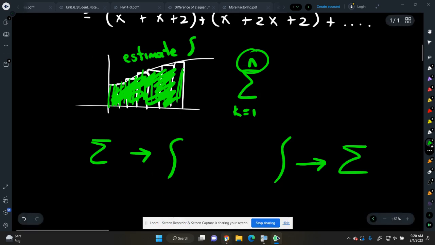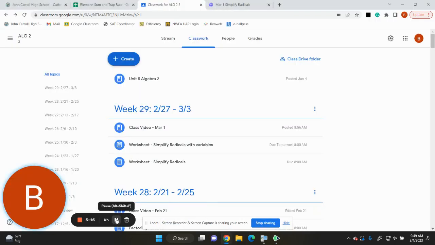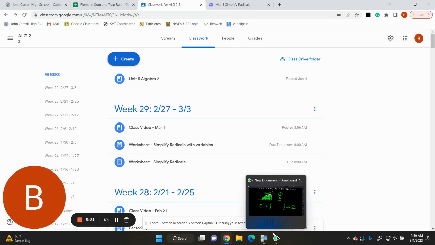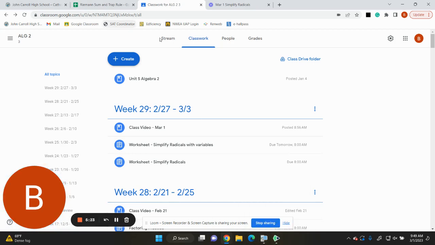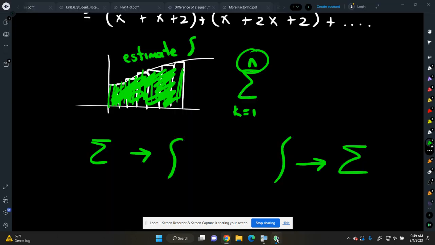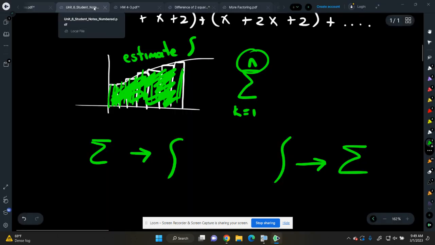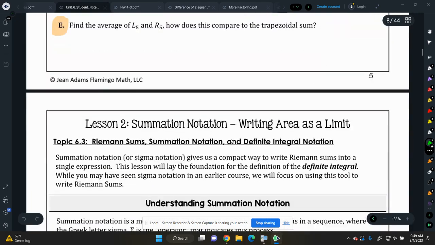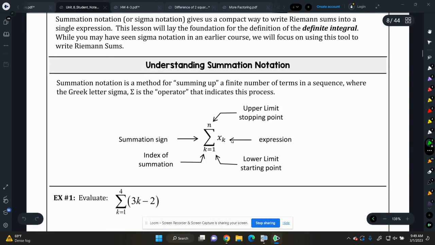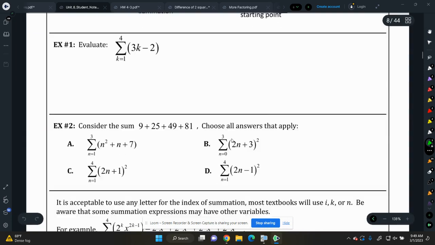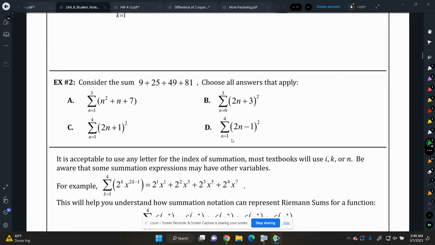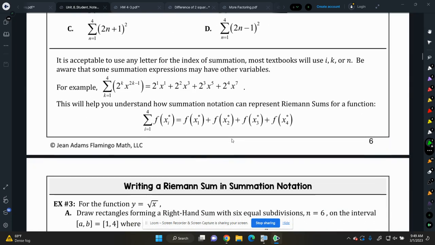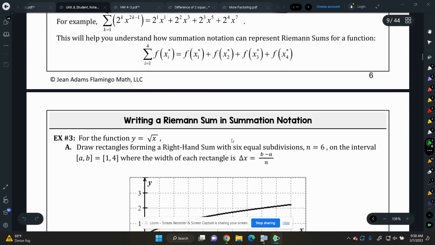And pause this video because there's nothing to record. And we're looking at section 6.2. We're looking at 6.2. There we go, right there. Okay. I'm going to run down here.